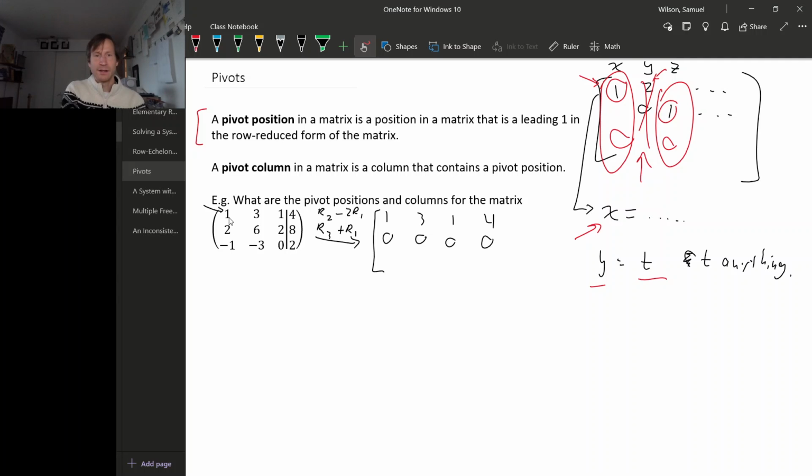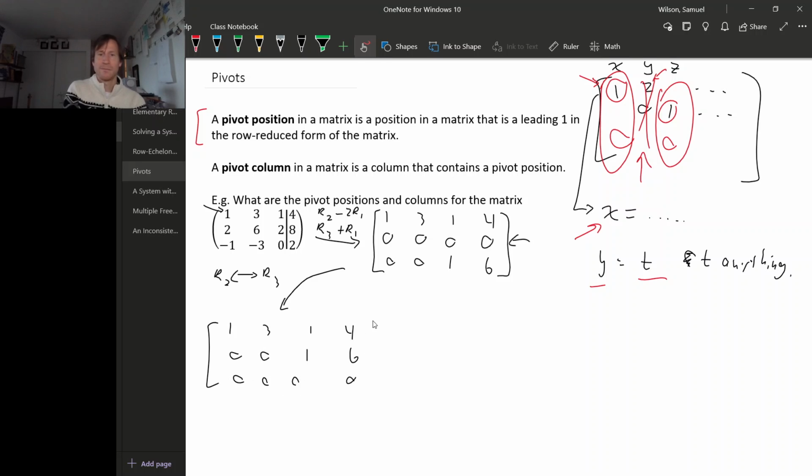Now we take the third row and add the first row, so 0, 0, 1, 6. We don't quite have it in row echelon form because any rows that are 0 have to be moved to the bottom. So we just have to interchange row 2 and row 3. So we get 1, 3, 1, 4, 0, 0, 1, 6, 0, 0, 0, 0.